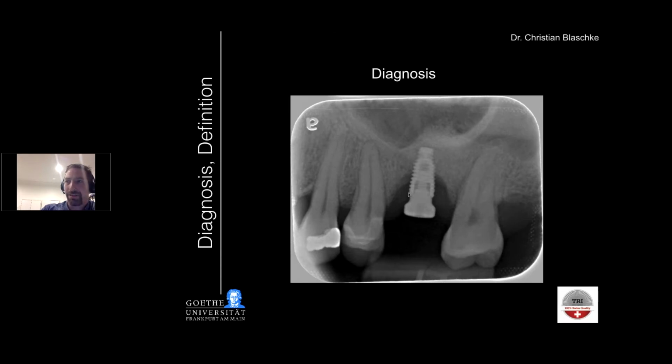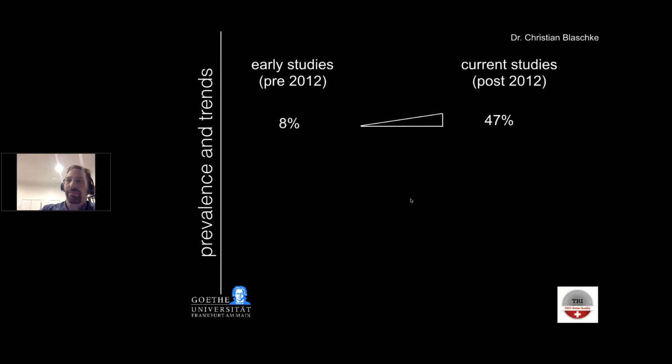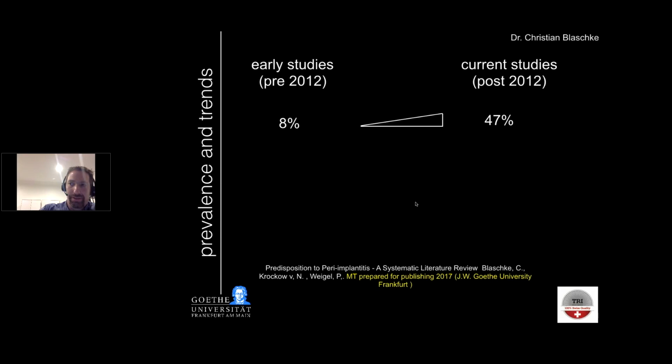So let's look at trends, at the prevalence of peri-implantitis. Prevalence meaning how often, how frequently do we see it. This is based on a review we did in Frankfurt on current literature.